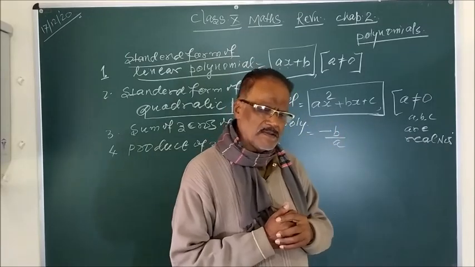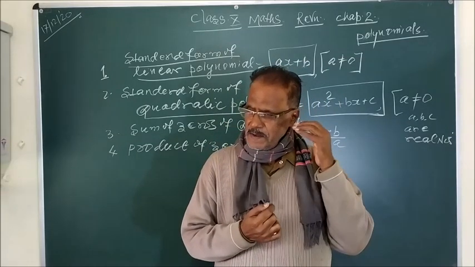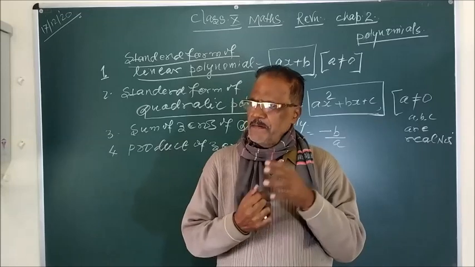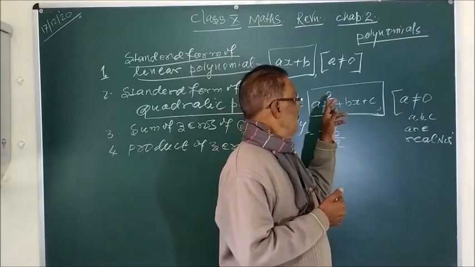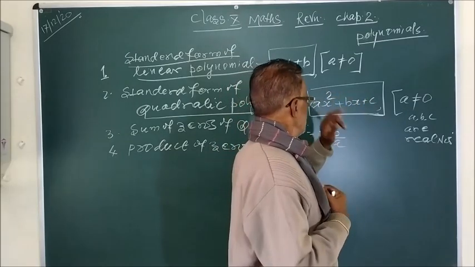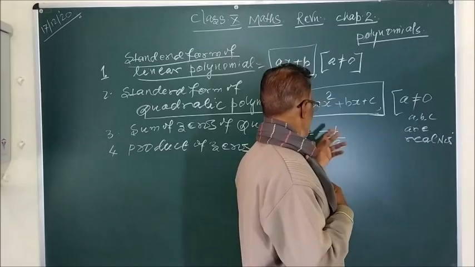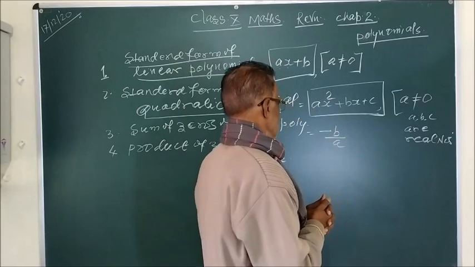So if there is no variable, the power is understood to be 0, because if the power of any variable is 0, its value is 1. So the powers are 2, 1 and 0. The maximum power of the variable is 2, and therefore it is a quadratic polynomial.